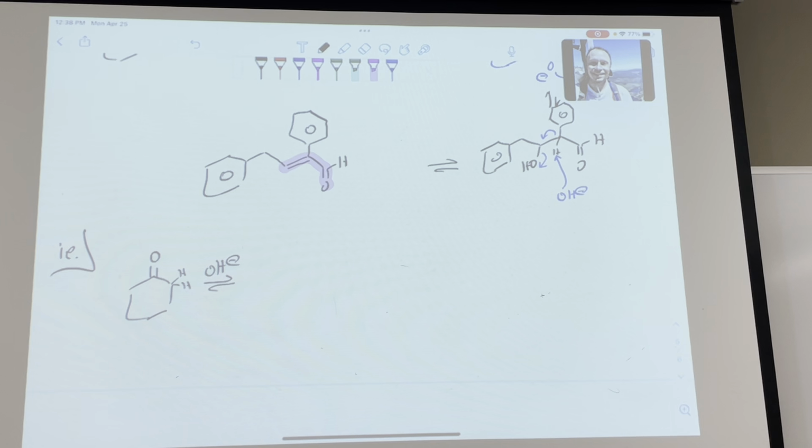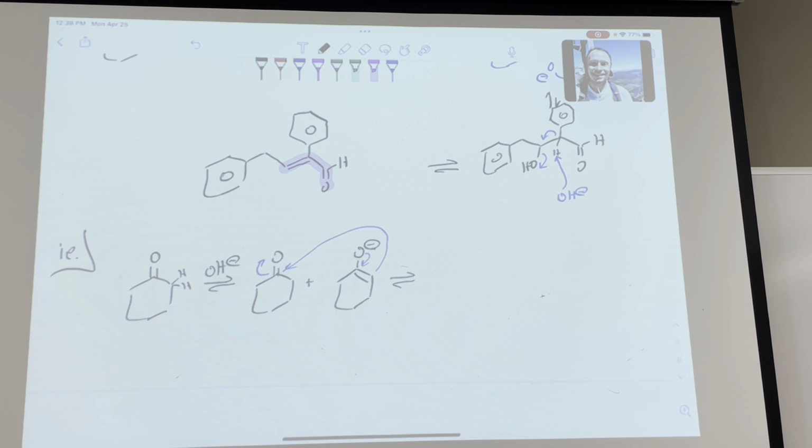So if you use hydroxide, you're going to end up with some nucleophile and some electrophile, like that. The nucleophile will then attack the electrophile. In this case, we would get something that looks like that, which would protonate.